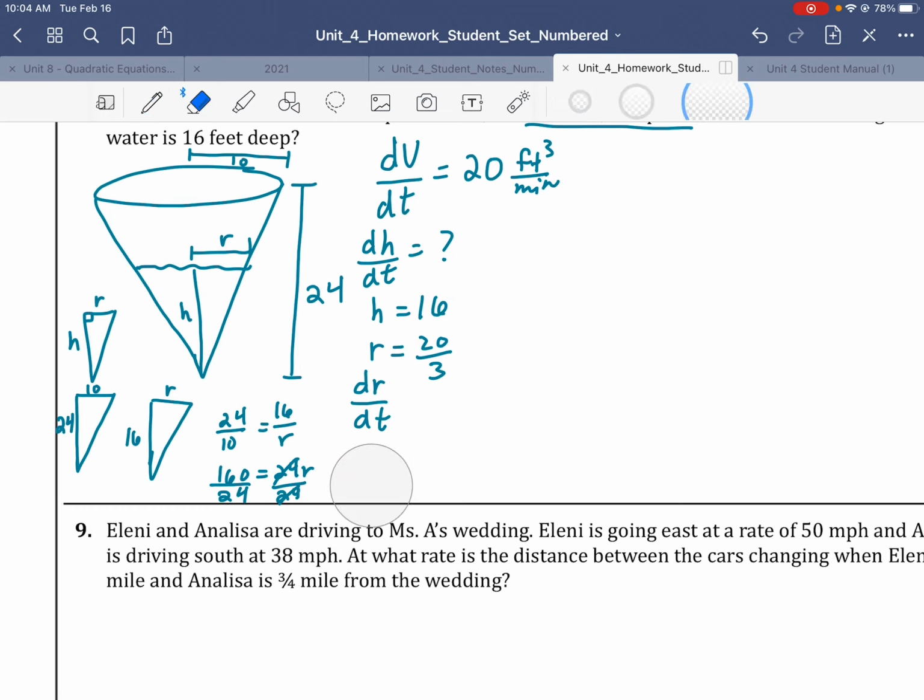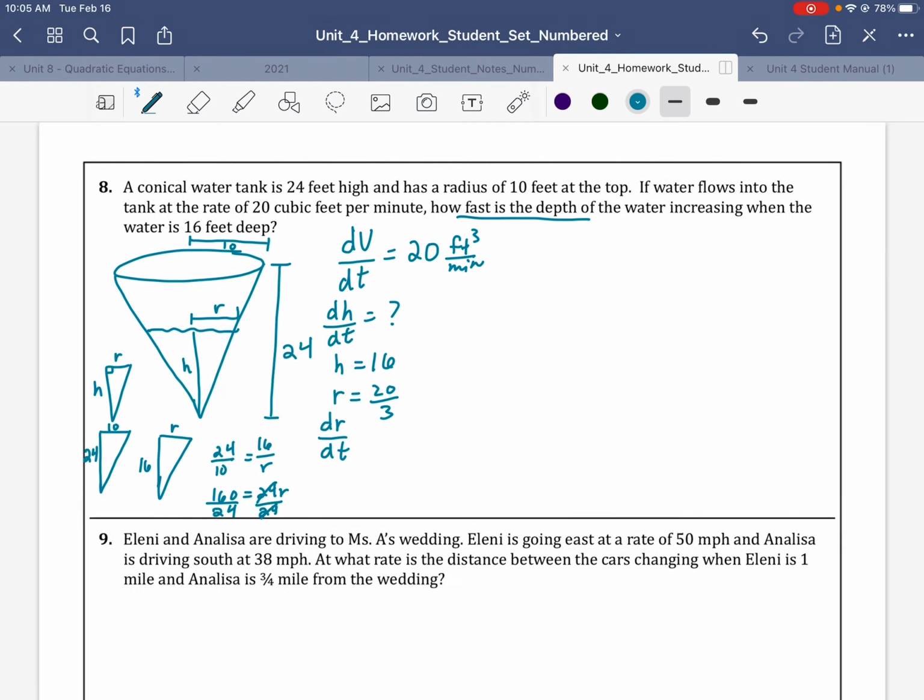Okay, I'm going to erase that stuff, but anyways, now you can see that we can write that general equation, radius over height or height over radius is just going to be that ratio. What did we say? Well, let's just use the numbers 24 over 10, 10 over 24, or just 5 over 12.